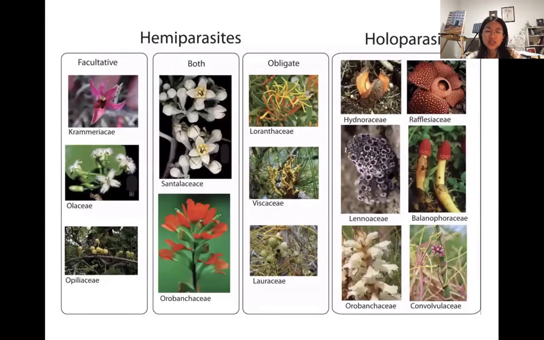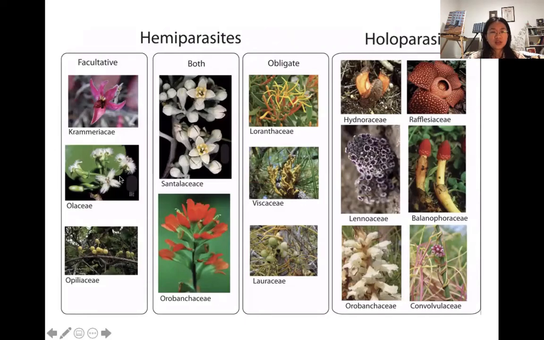Another way to classify parasites is based on whether they are photosynthetic or not. So here we have hemiparasites versus holoparasites. Hemiparasites, despite being parasites, are still green and can conduct photosynthesis.